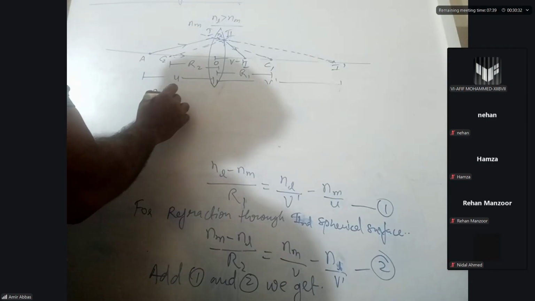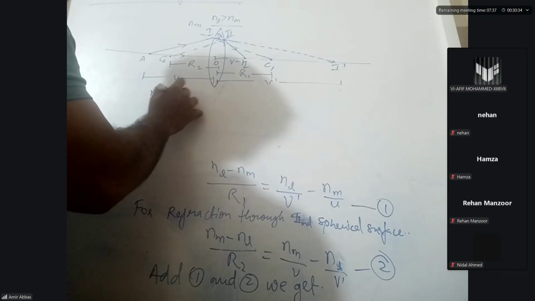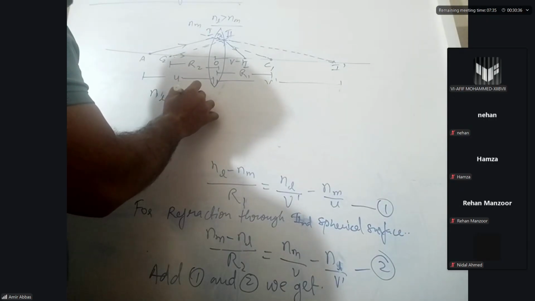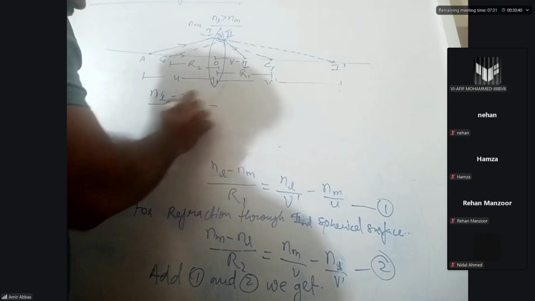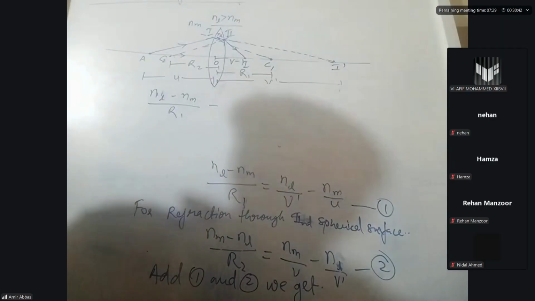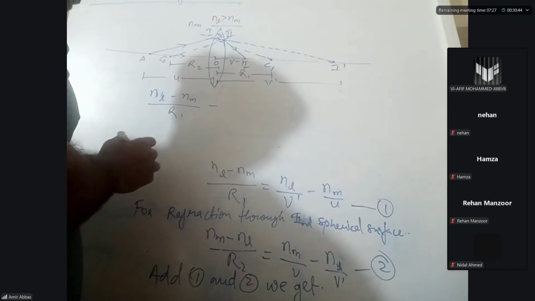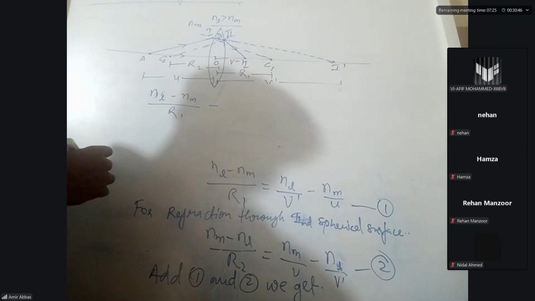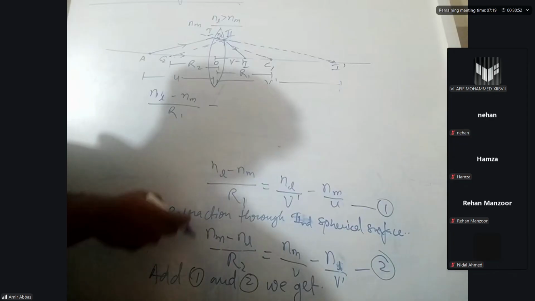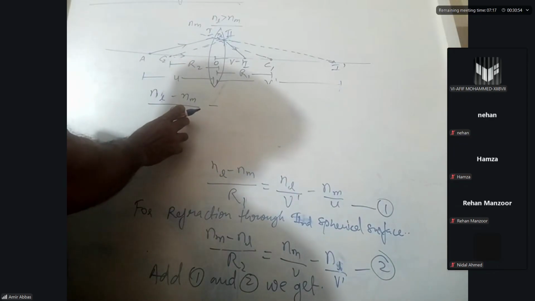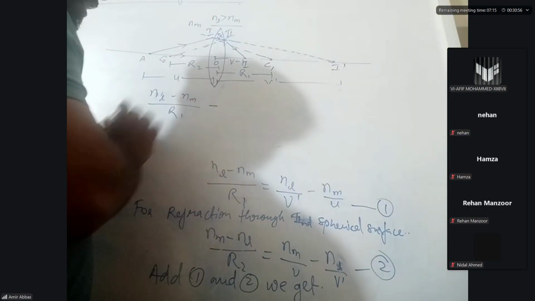(NL minus NM) upon R1 minus, if we put it through sign convention, this is correct. Okay, but this gets minus. Why?